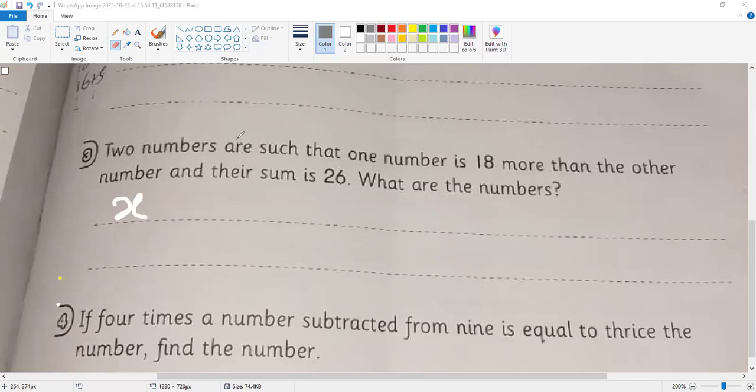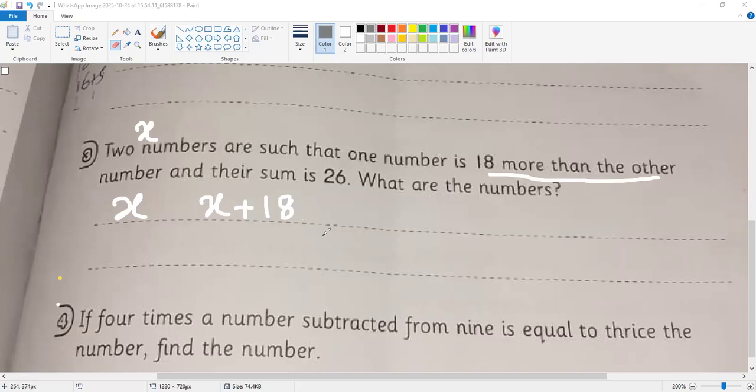The second one, if the first number is x, should be 18 more than the number. So that will be 18 plus x, or x plus 18. So 18 more than the other number should be x plus 18, or 18 plus x, since they are commutative in property.